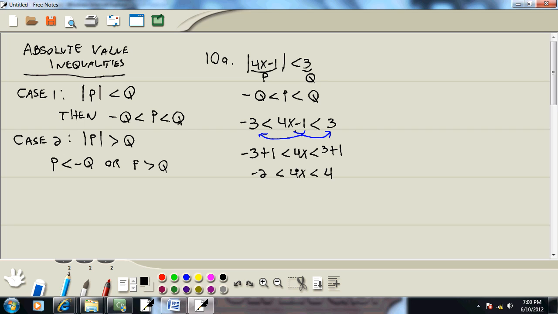And again, our goal is to get the x by itself, so we're going to divide everything by 4. So divide negative 2 by 4, divide the 4x by 4, and the 4 by 4. That reduces, 2 and 4 both divisible by 2. So that gives us negative 1/2. Those 4's cancel, gives us x. And here 4 divided by 4 is 1. And that's our answer.